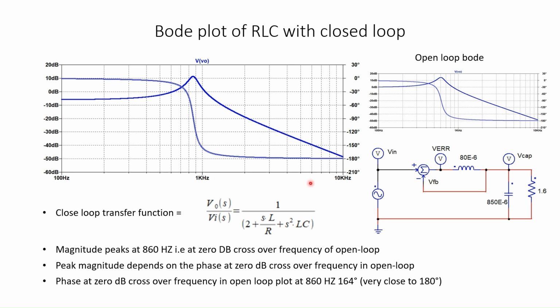And here the Bode plot of RLC with closed loop is shown, using the closed loop transfer function derived in the previous slide. The magnitude peaks at 860 Hz, that is at the 0 dB crossover frequency of the open loop.